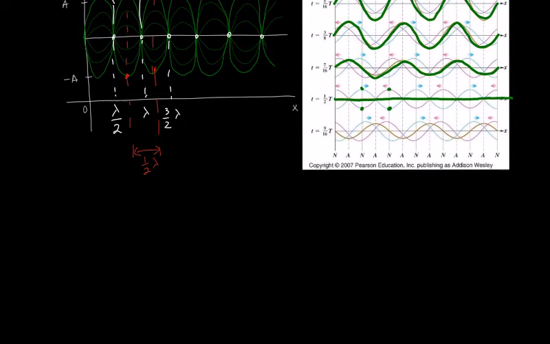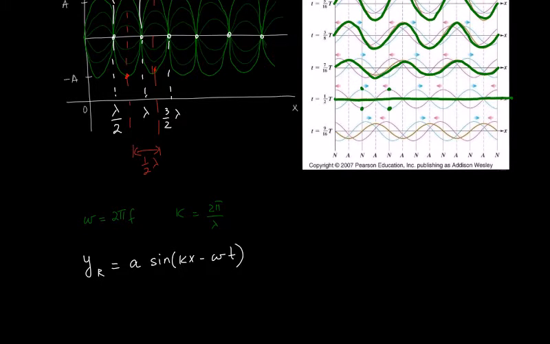Now let's discuss the mathematics of the standing wave. A sinusoidal wave that travels to the right along the x-axis with angular frequency omega that equals 2 pi f and wave number k equals 2 pi over lambda, I'm going to denote this as y right, would be represented as a sine of kx minus omega t, where this minus means that the wave is going to the right.